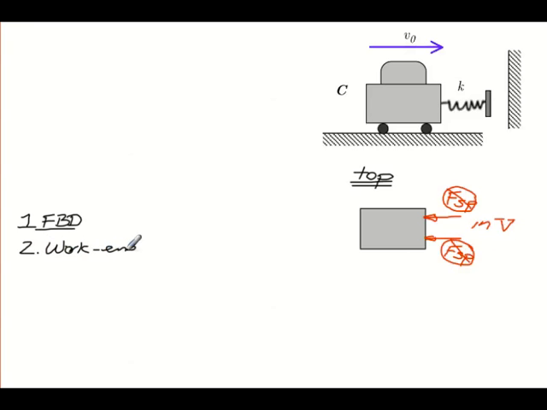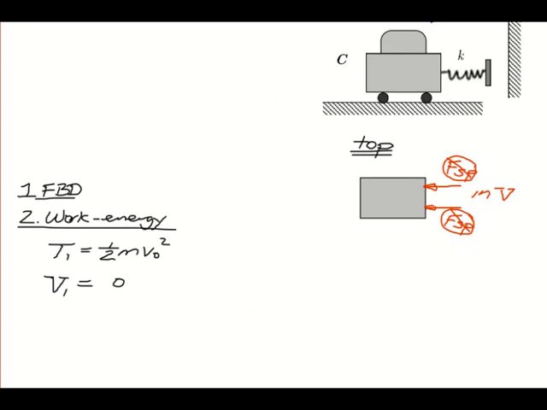So in the work energy equation, we have T1, the initial kinetic energy, which is 1/2 m v naught squared. The initial potential, well, there's no change in gravitational potential. The car is moving along a horizontal road. The springs initially are uncompressed, so V1 is 0.